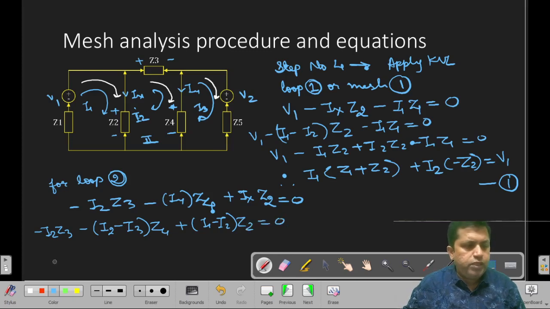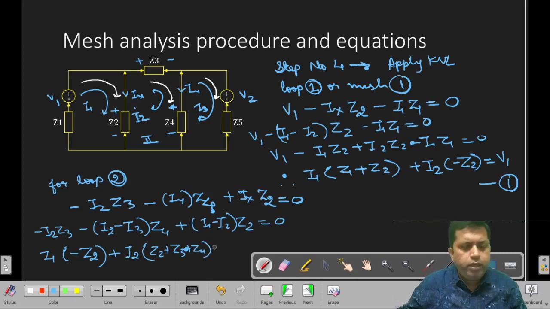So if I say, okay, what will be current I1? I1 is equal to minus Z2, this is the rearrangement, plus I2 into Z2 plus Z3 plus Z4.